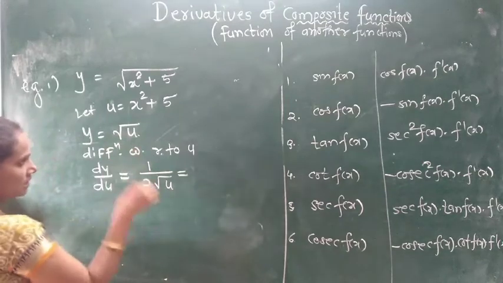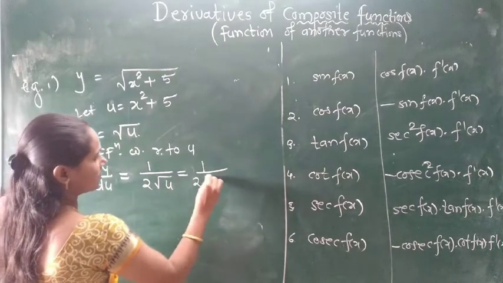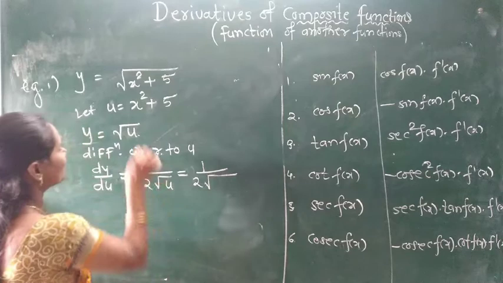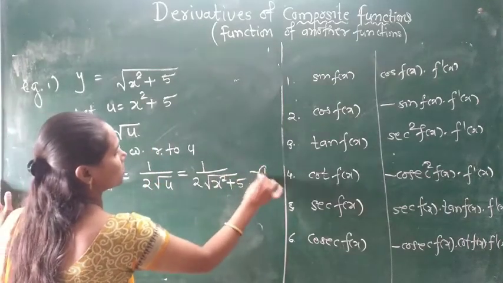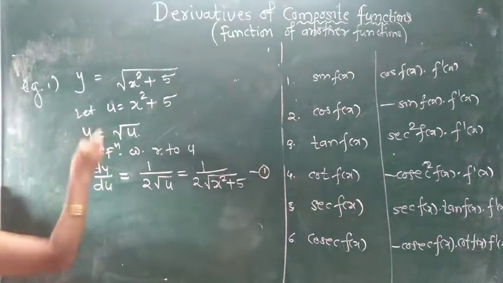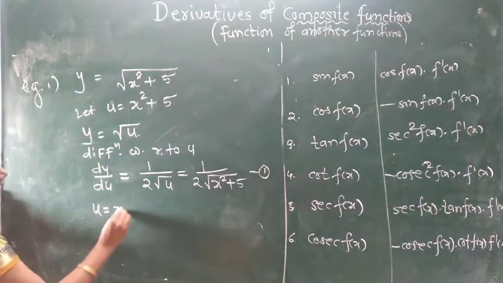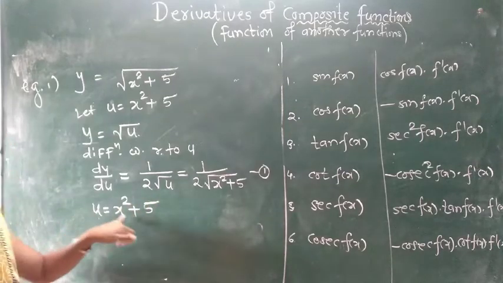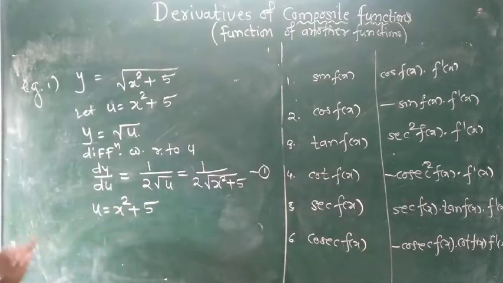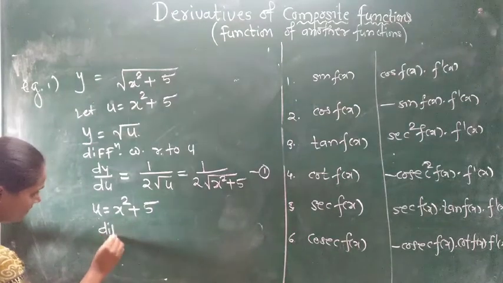The value of u is x square plus 5. So this is equation 1. Now u is equal to x square plus 5. This u is a function of x, so differentiate with respect to x.